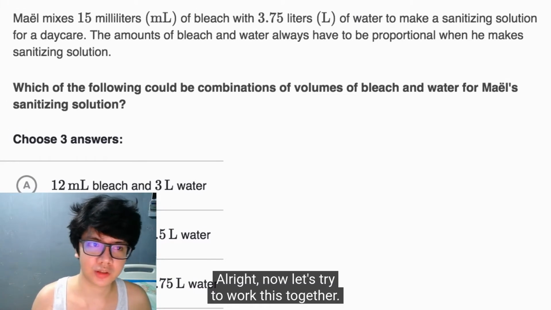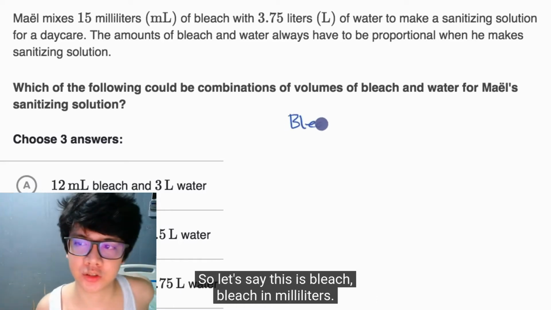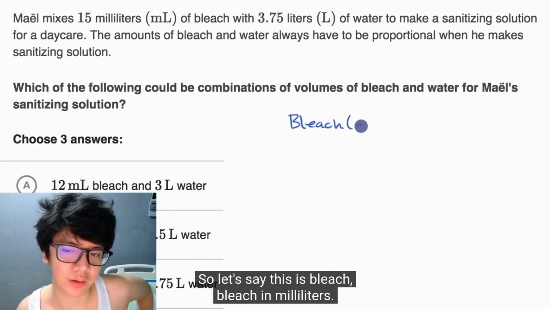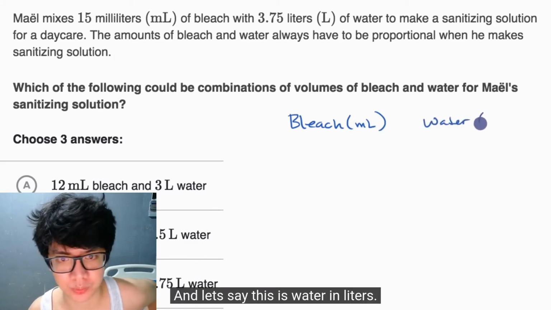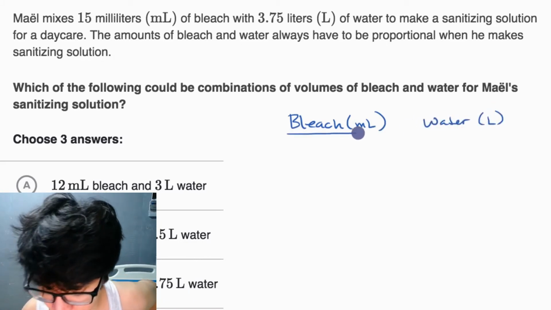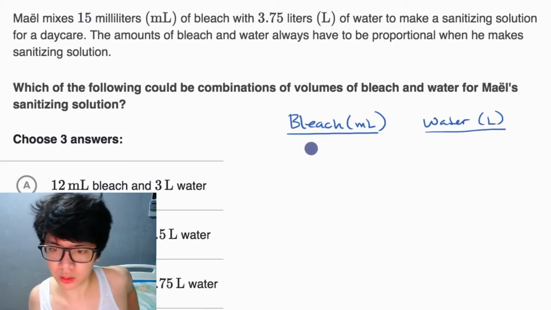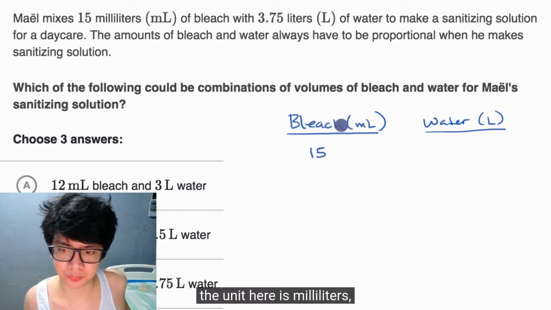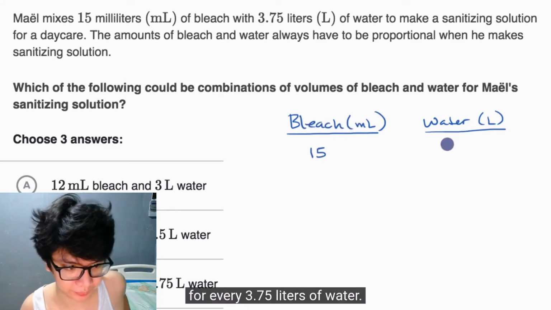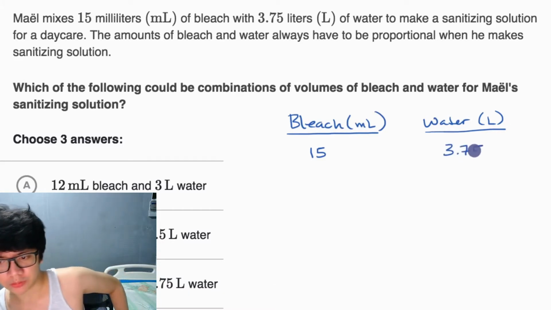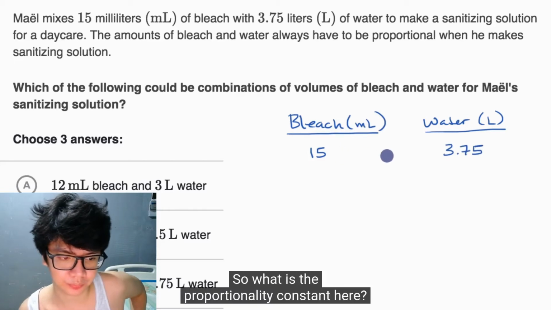Now let's try to work this. So let's say this is bleach in milliliters, and this is water in liters. So what is the proportionality constant here?